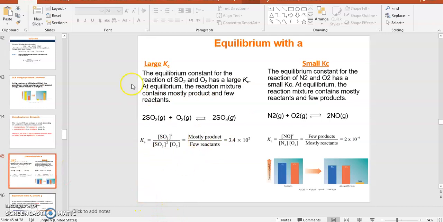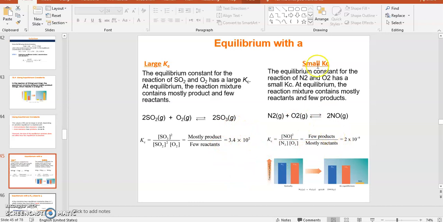So let's see this one here to see how it can be small. To get a big Kc, you have to have mostly product. Because the product is the one on the top, you have to have mostly product and few reactant to get a big Kc.